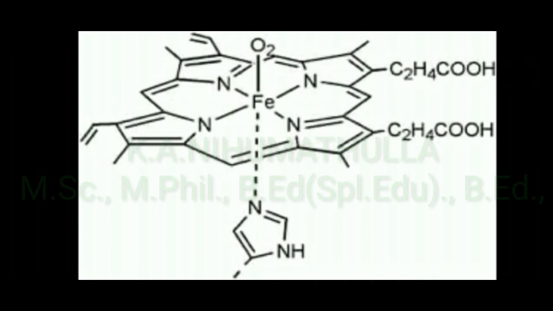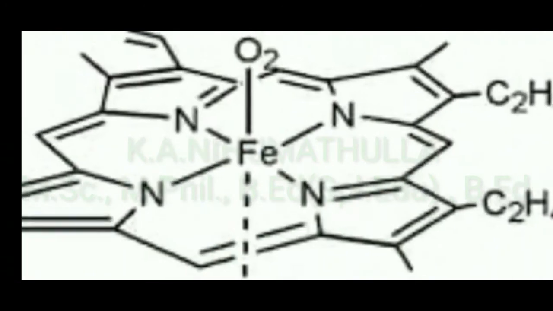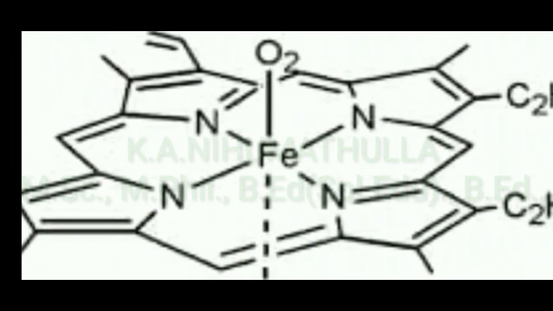This is the structure of the heme group in hemoglobin. The central metal ion in this heme group is Fe2+ ion. The coordination number of iron is 6.